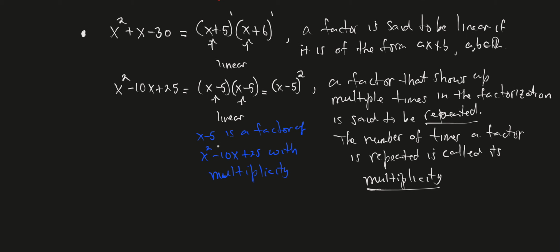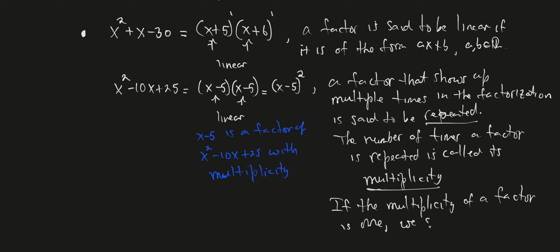Simple linear factor. So if the multiplicity of a factor is 1, we say the factor is simple, right? So we can have either simple linear factors like these, or we can have repeated linear factors like this one, all right?